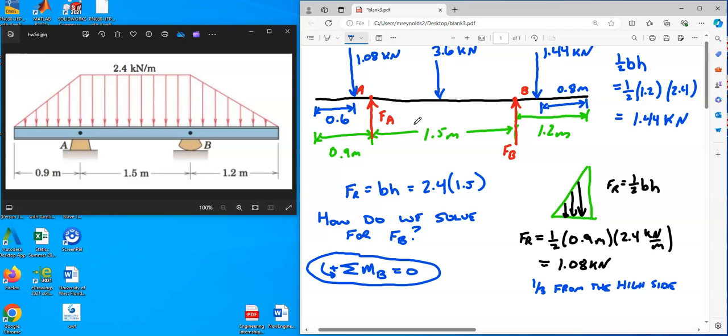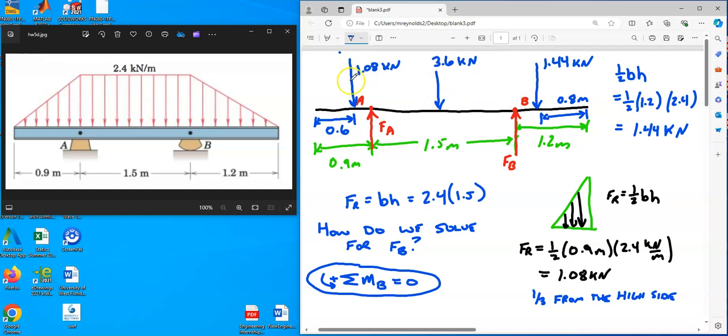Well, because force FB goes straight through B, so it creates no moment. And so it sets up one simple equation. So now you ask yourself, what is the moment about B from the 1.08 kilonewton force? It's its force times its distance to B. How far is it from this force all the way to B? It's a little bit bigger than 1.5 because this is beyond A, all the way over here.